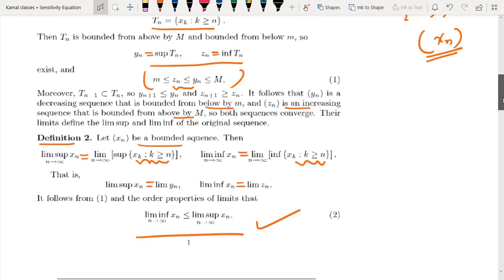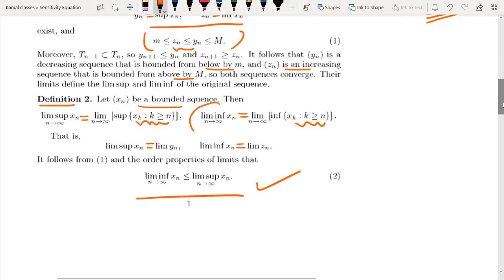So this is the definition. Okay, so whenever this kind of terminology comes into the picture, please do not be afraid of the terminology.